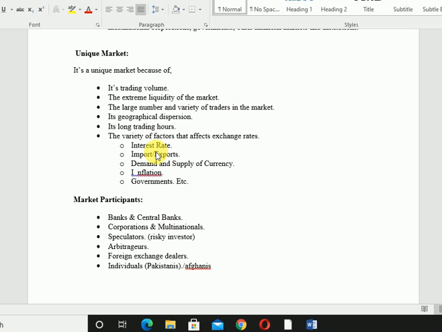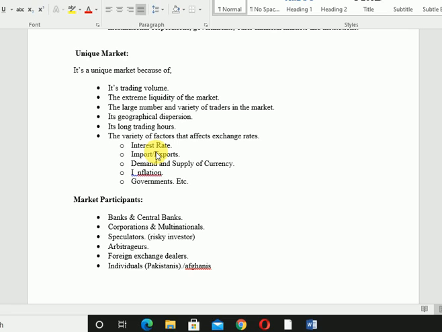Second factor that affects the exchange rate is imports and exports. Those countries whose imports are more and exports are less keep the exchange rate low.